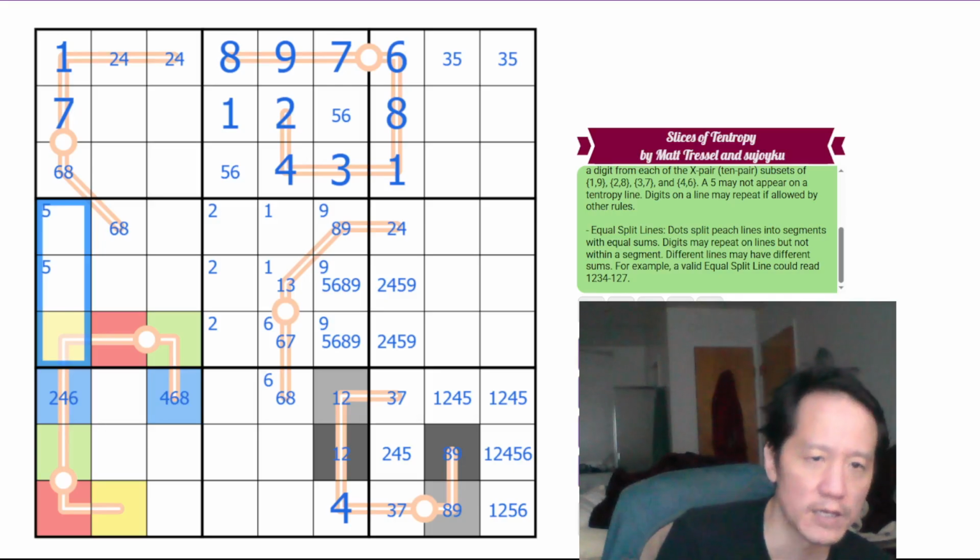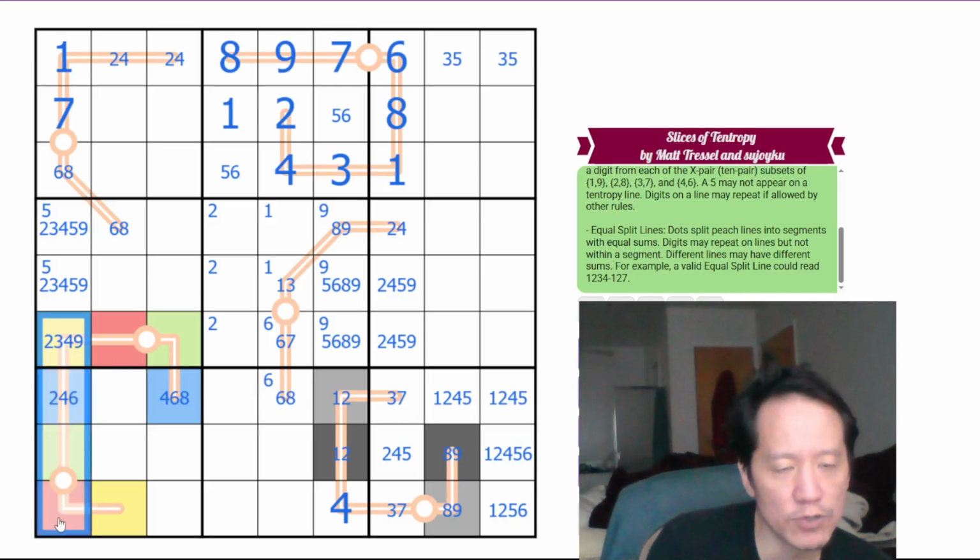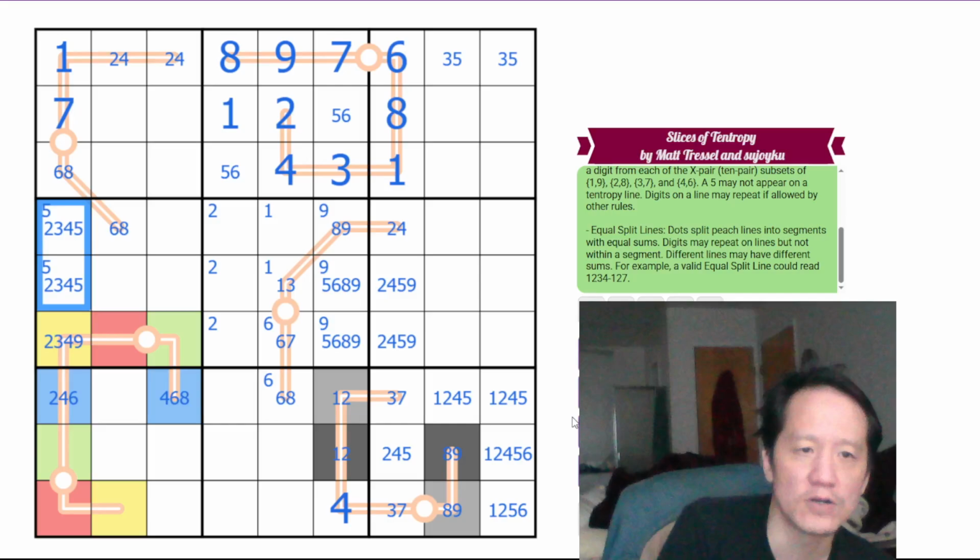What digits can it be? It could be 2, 3, 4, 5, or 9. But 5 cannot be here. So this is 2, 3, 4, 9. One of the 9s must match one of these 4 digits because the 1 is there and the 7 is there. So 9 cannot be here.